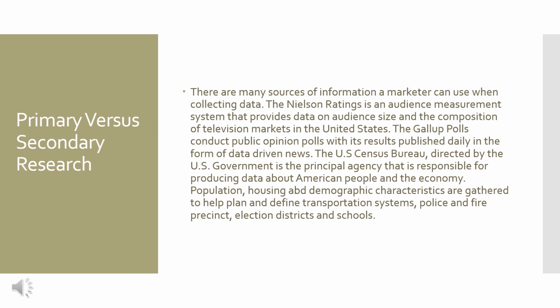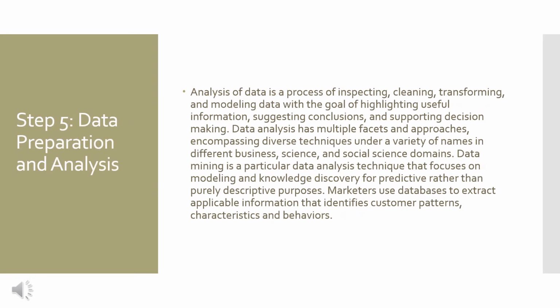The U.S. Census Bureau, directed by the U.S. government, is the principal agency that is responsible for producing data about American people and the economy. Population, housing and demographic characteristics are gathered to help plan and define transportation systems, police and fire precincts, election districts and schools.